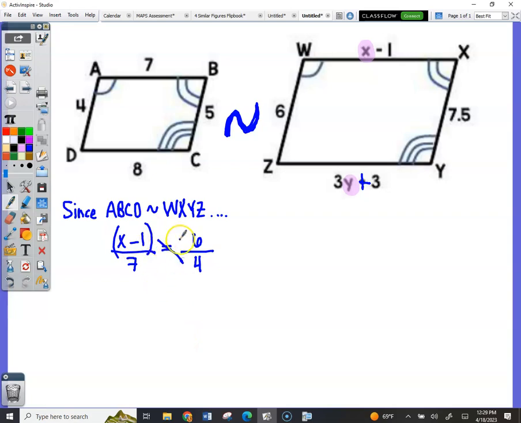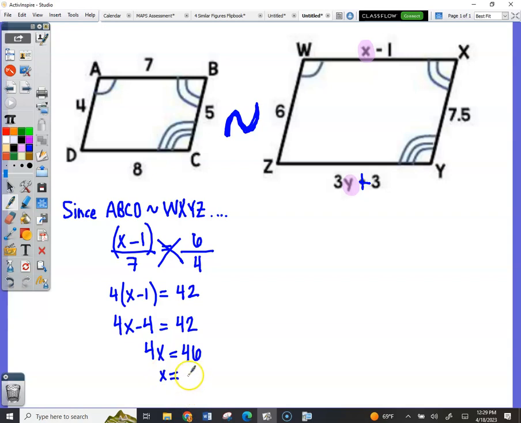We're going to cross multiply that 4 to the front of the binomial. 7 times 6 is 42. And then you're going to distribute that 4. Don't forget the part that's after, in the back of the parentheses. Add 4 and divide by 4, and what do you get?